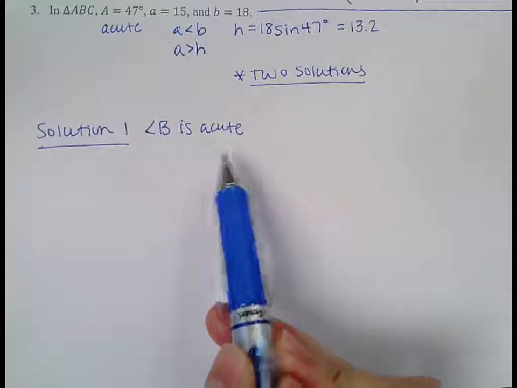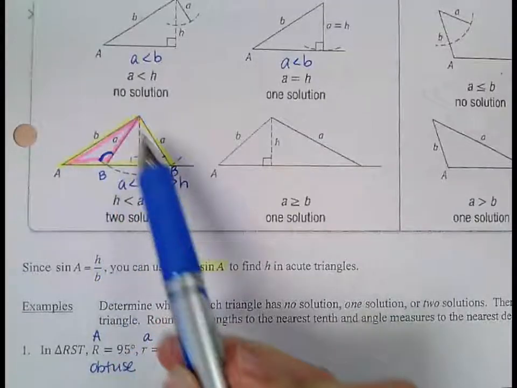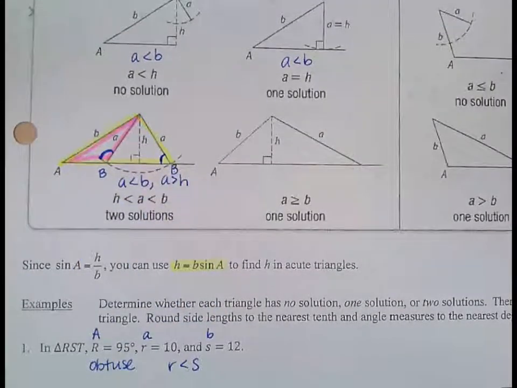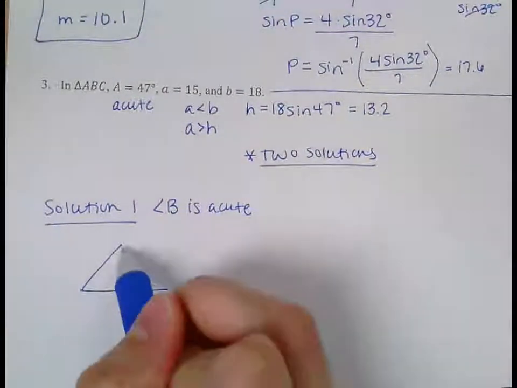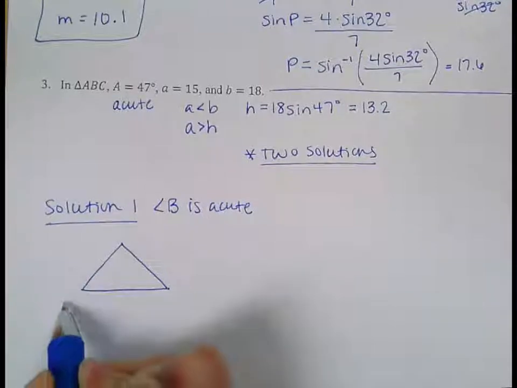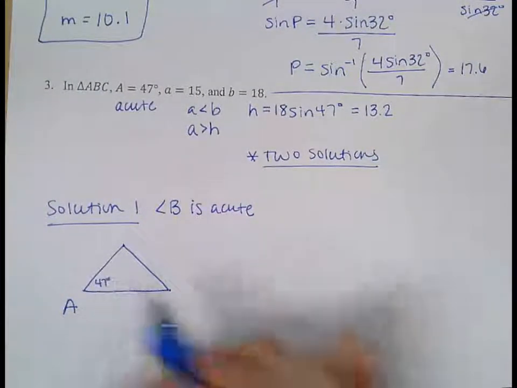So if angle B is acute, you can kind of use the diagram on the front to help you with this. So if I'm sketching out the triangle, I would sketch it similar to the one I had before. I want to make sure when I'm drawing this that angle A is acute, but then angle B would also be acute. So here's angle A, and I know that is 47 degrees.